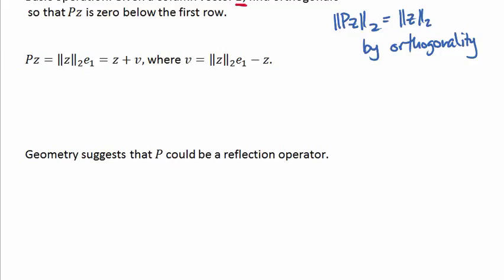The choice does matter a little bit, but here we're just going to take the positive one. Okay, so we want to design P so that Pz ends up being this vector here. It's non-zero only in the first element. And we'll write that as z plus another vector v, where v is the difference. So this is just a definition.